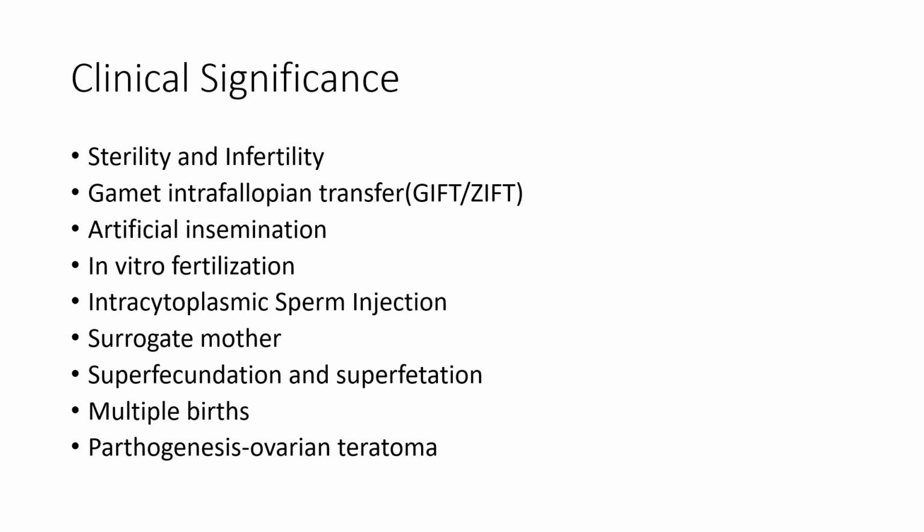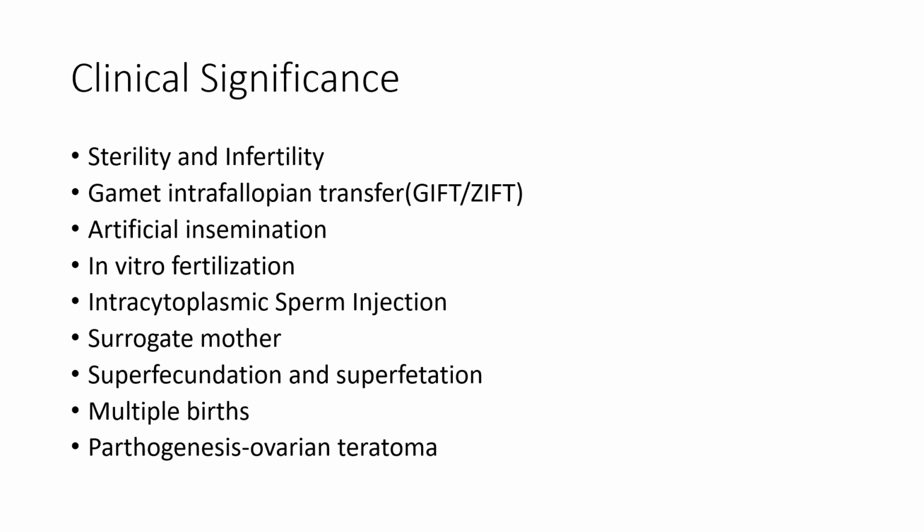Now we'll see what is superfecundation. In superfecundation, if two oocytes from the same menstrual cycle are fertilized by two sperms in the same menstrual cycle, it is known as superfecundation.